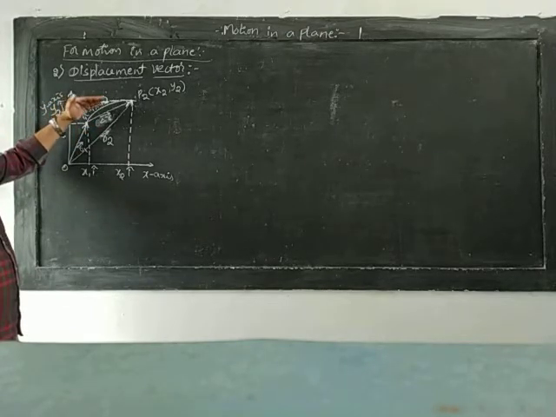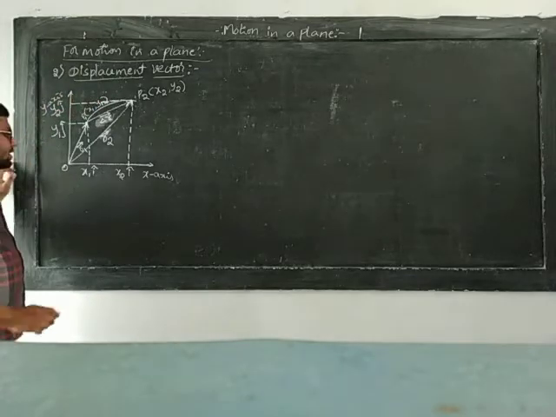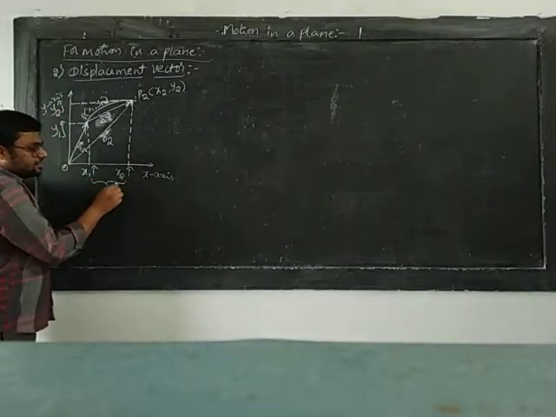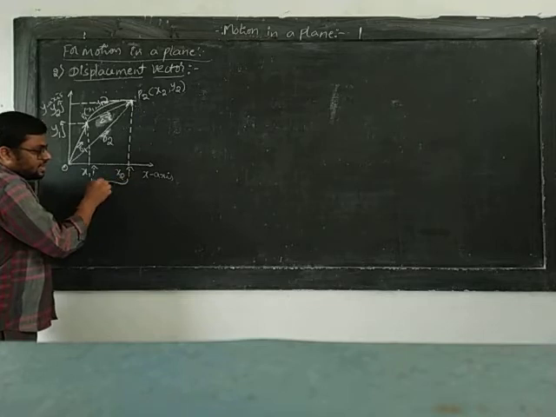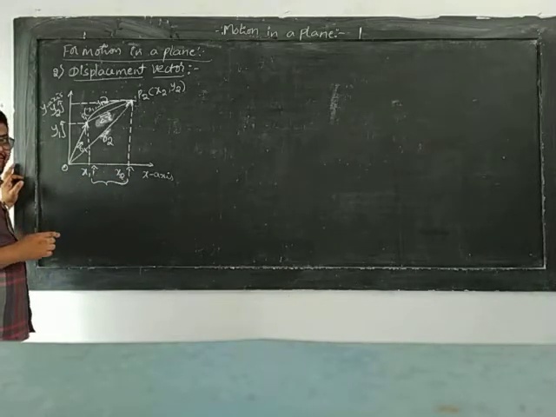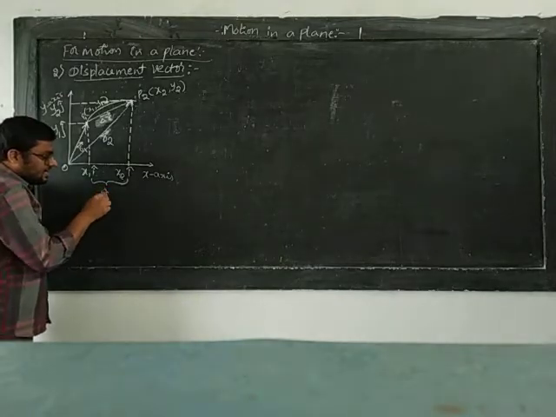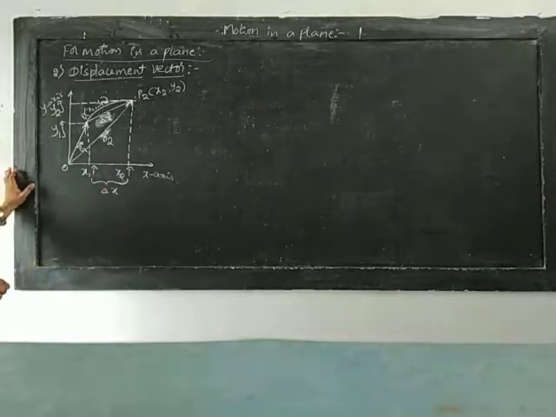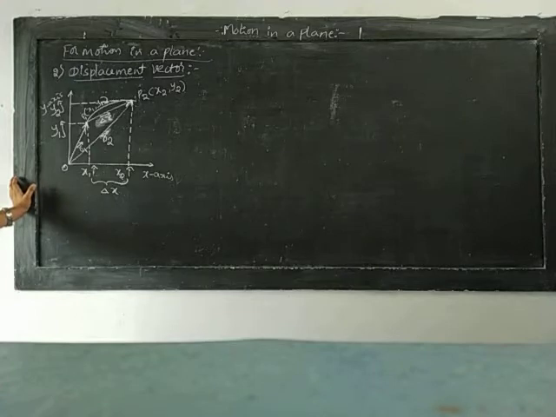And what is the amount of displacement along the x axis? That is x2 minus x1. I will consider that as delta x.